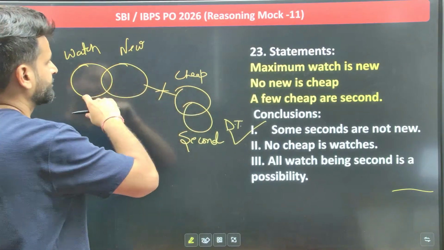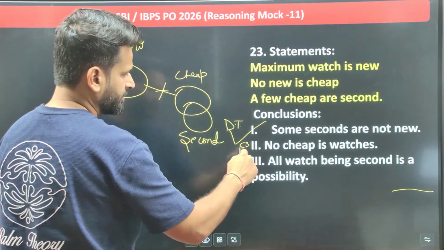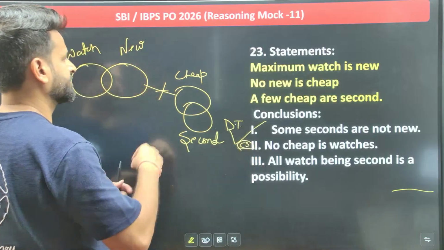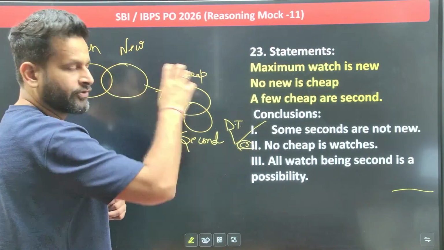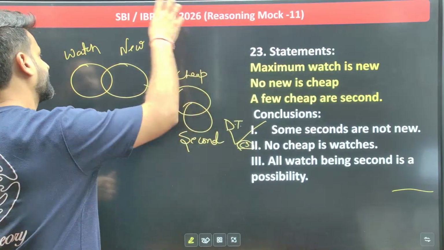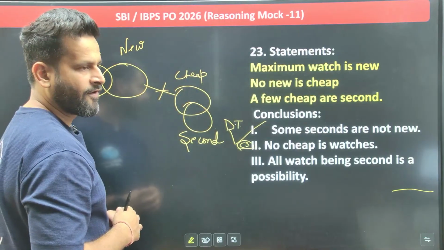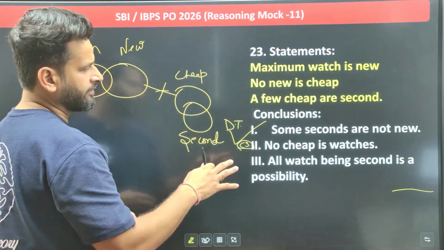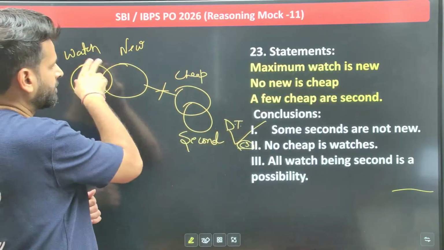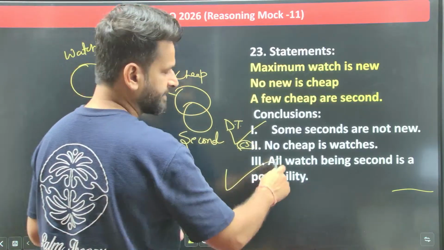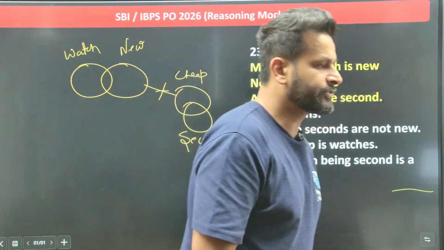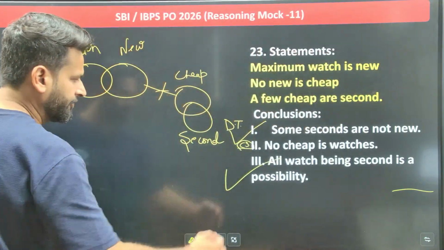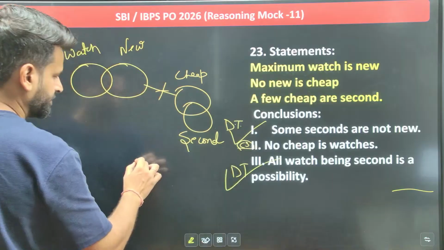This will be doubtful because there is no relation of cheap to watch. If you want, then all cheap and second can go inside watch. All watch being second is a possibility. The third is also right. First and second is not right. First and third will follow.